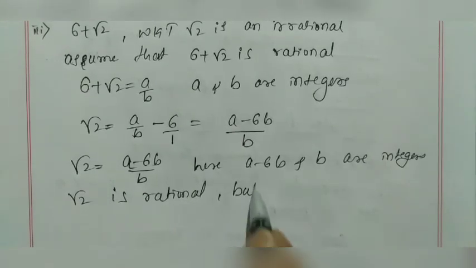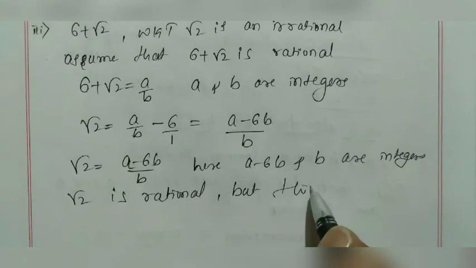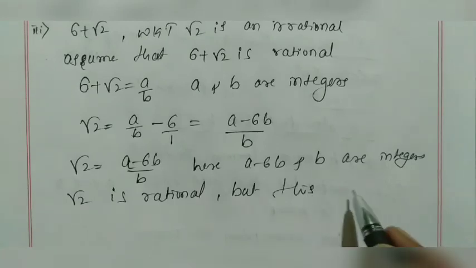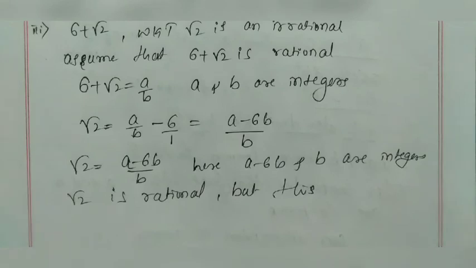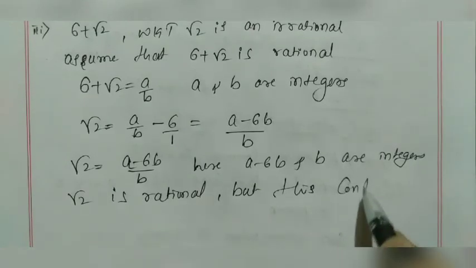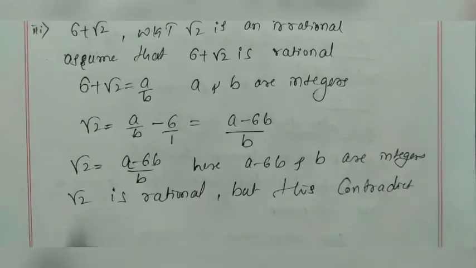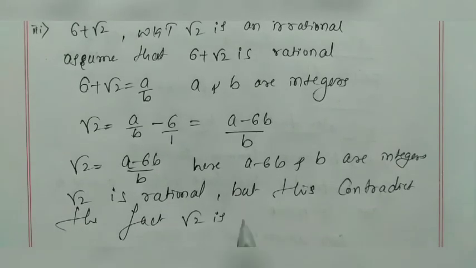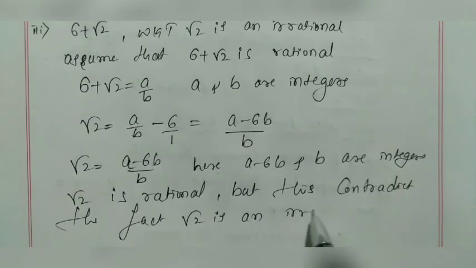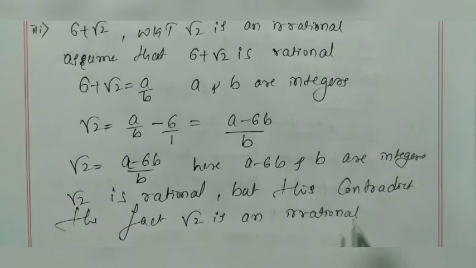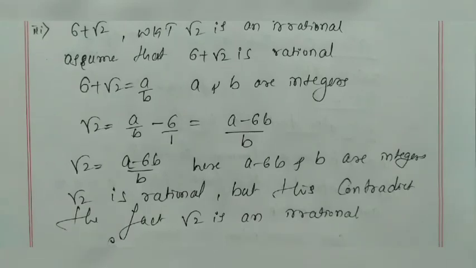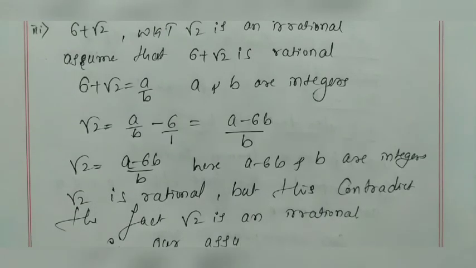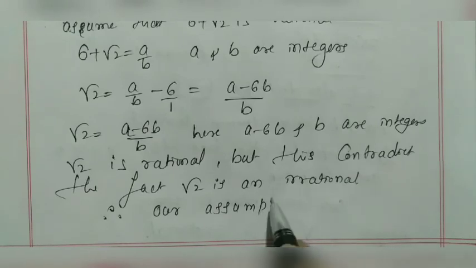But this contradicts the fact that root 2 is an irrational number. Therefore our assumption is wrong.